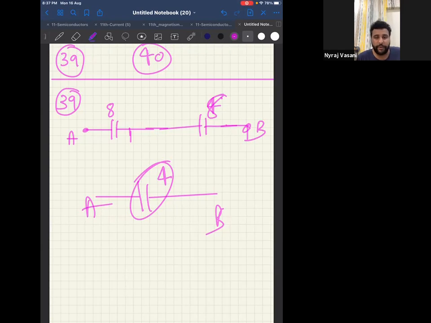Other circuits I could have told you can start in any other way, but this particular circuit can only be simplified in the way that I have shown. There is no other simplification possible. That is why you should have the same approach. So please reply once in the message box: how many of you got the answer 4 before I started solving?